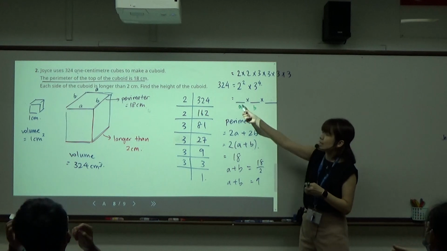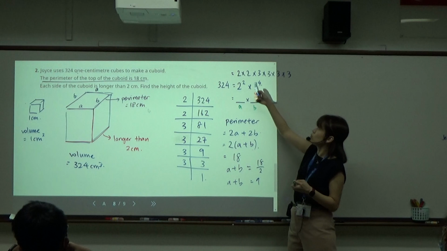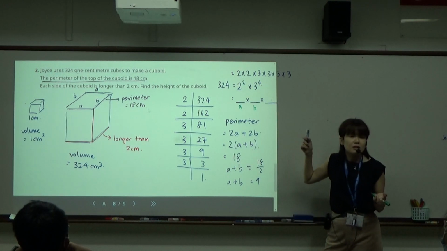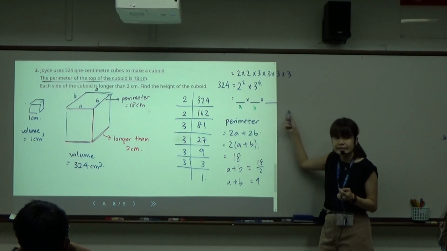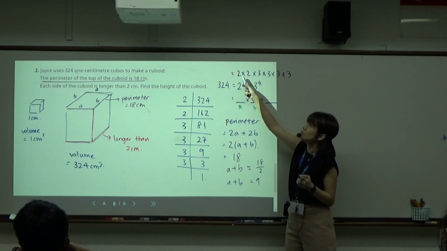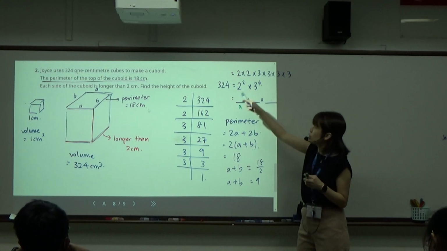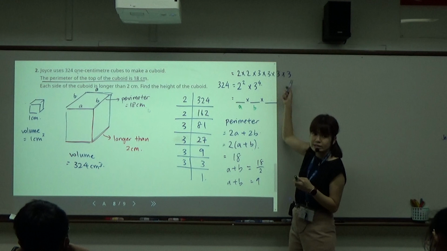So I can have this number to be maybe 2 times 3, or I can have this number to be 2 times 2 times 3 also can. So long as in totality, I am making it out of 2 times 2 and 3 times 3 times 3 times 3. In total, there must be 2 2s and 4 3s.